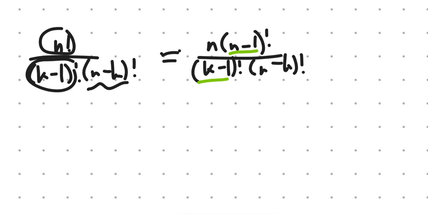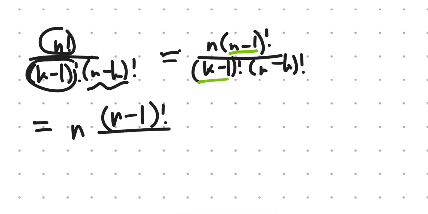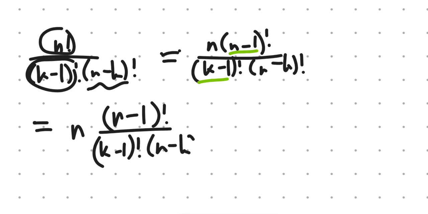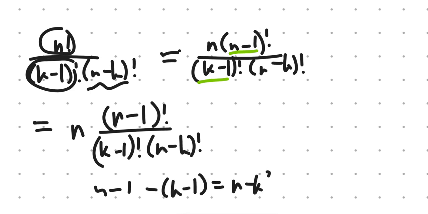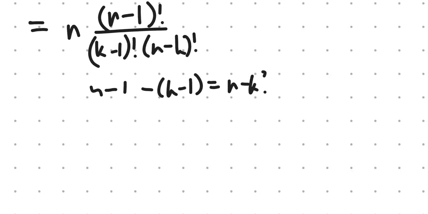So now if we factor out the n and put it in front of the fraction, and we write (n minus 1) factorial divided by (k minus 1) factorial times (n minus k) factorial, we are going to check if (n minus 1) minus (k minus 1) will equal n minus k. Let's ask ourselves that question.